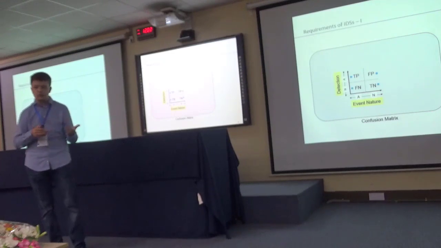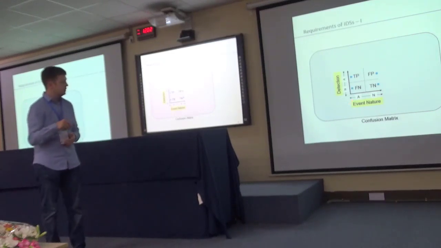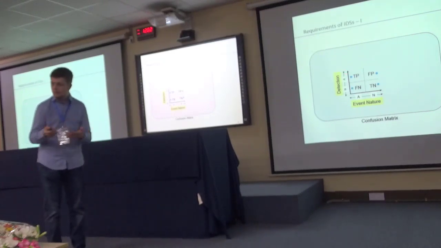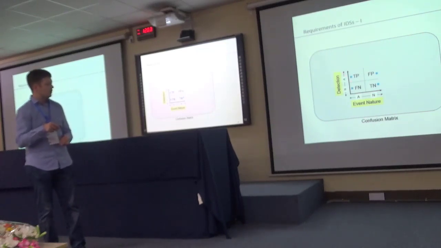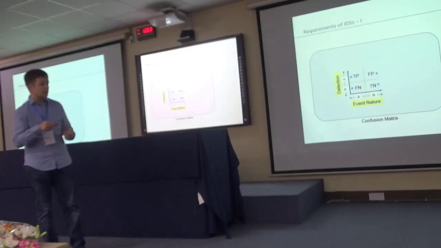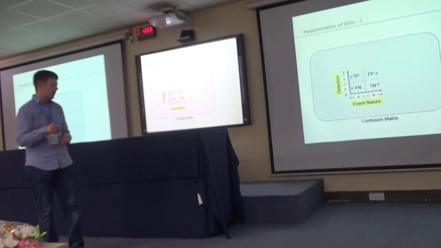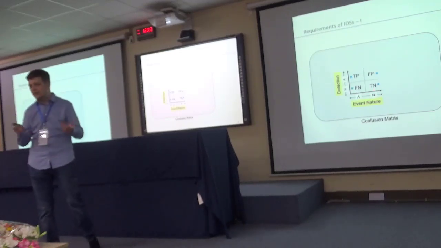So is it an attacker or is it a normal event? And then here you see what the detection basically produces based off that. And of course, ideally we want to have only this one, right? So our attacks are classified as an attack, so it's true positive, and our normal events are classified as normal, so that's a true negative.